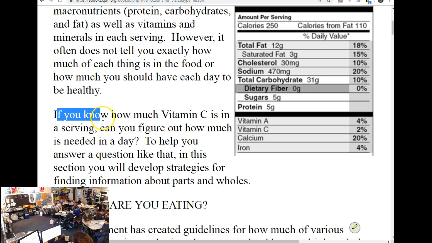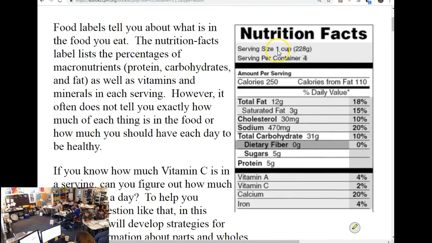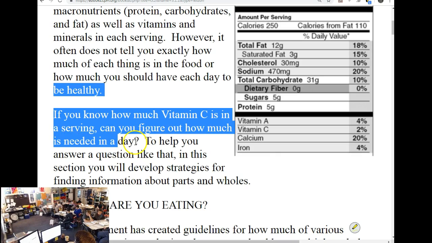So if we look at a question like this, if we know how much vitamin C is in a serving, this up here says serving size is 1 cup, but the servings per container, that means that there are 4 servings in the container. So really, what does that mean there are 4 of? Cups. There are 4 cups, right? So if we know how much vitamin C is in a serving, what if I eat the entire thing?